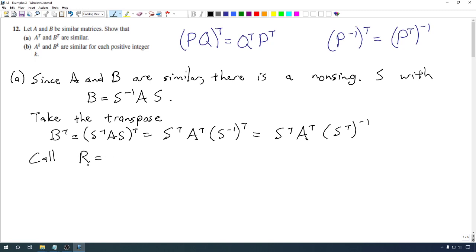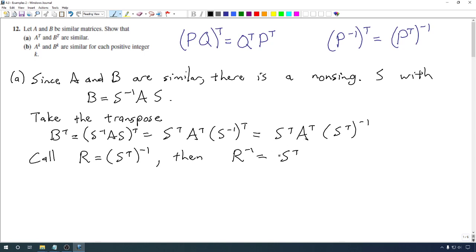We're going to call matrix R this matrix S transpose inverse. In which case, what is R inverse? R inverse is just going to be S transpose. We know it's invertible because it is the inverse of a matrix already.